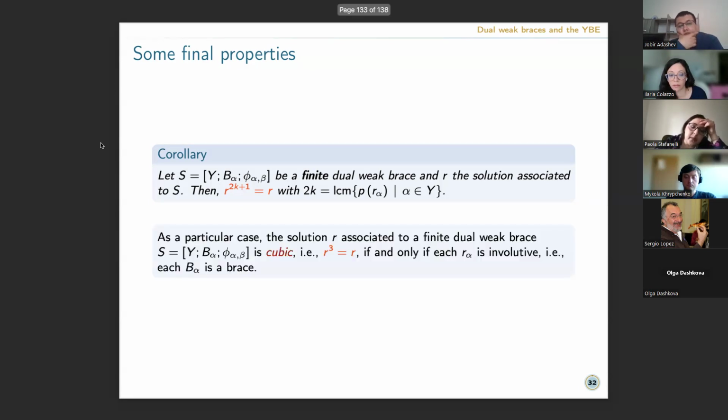And we can also obtain cubic solutions, that is, solutions satisfying this identity, the cube of R is equal to R. In particular, the solution associated to a finite dual weak brace is cubic if and only if each solution R alpha is involutive. That means each skew brace B alpha is exactly a brace. This is just a final observation.